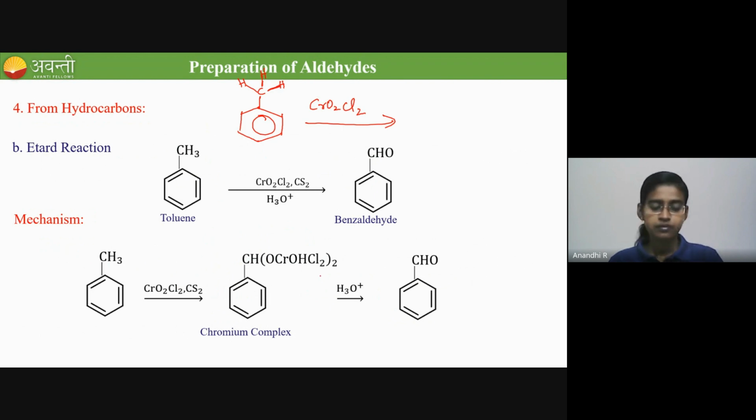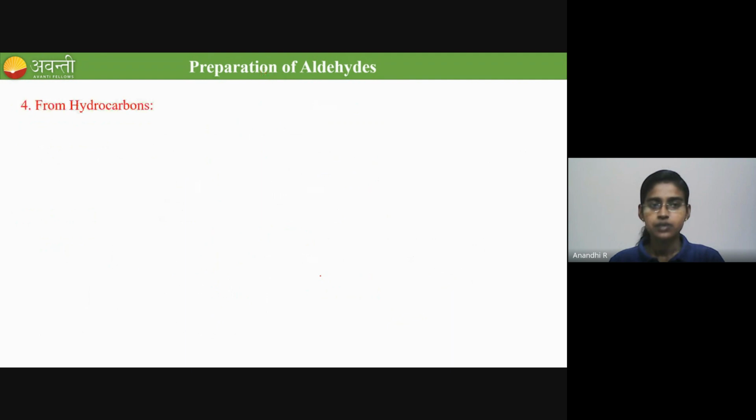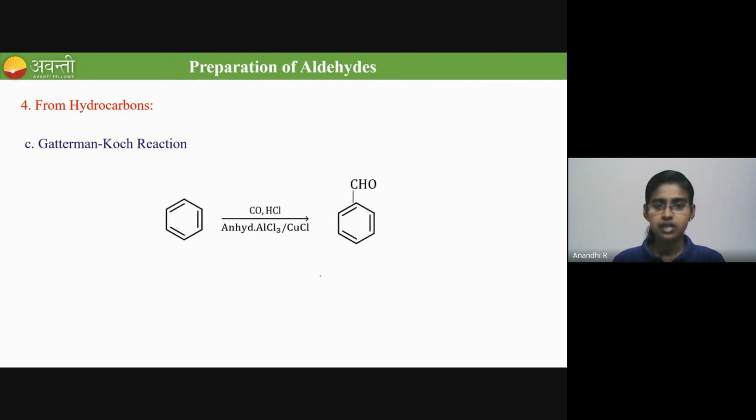And the next one, the third preparation from hydrocarbons itself, is the Gattermann-Koch reaction. So what is the Gattermann-Koch reaction? Direct conversion from benzene to benzaldehyde using CO, carbon monoxide gas, with HCl and anhydrous AlCl3 with copper chloride as the catalyst.